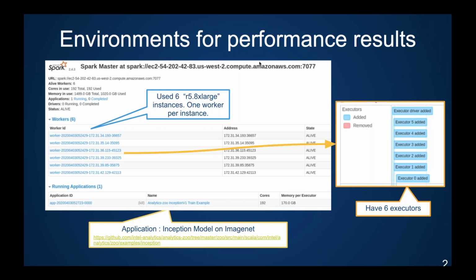As you can see in the left-hand side diagram, we have 6 worker nodes inside our cluster, and we're using the Analytics Zoo Inception model on ImageNet as our application, and we're doing training. Once you launch the application, you can see there are 6 executors inside our cluster. Next slide.